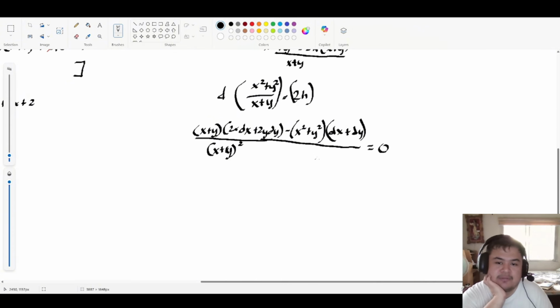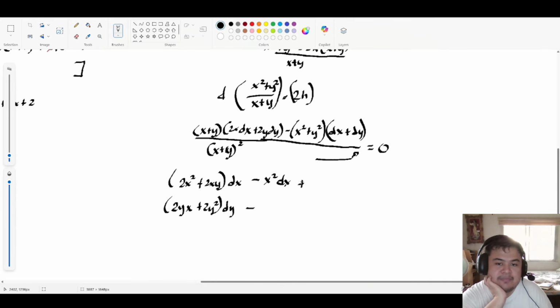2x squared plus 2xy dx. Then 2yx plus 2y squared dy. This is for the left part. For the right part is x squared dx plus y squared dx minus x squared dy minus y squared dy.